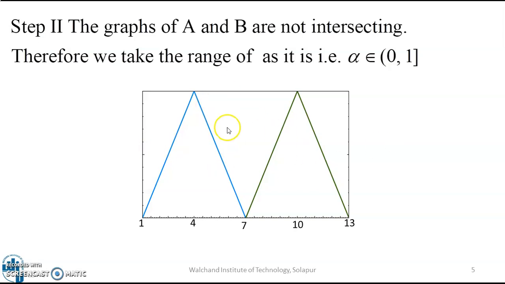Here we can see that the graph is not intersecting above the x-axis. Therefore, we have to take the range of alpha as it is, which is open 0 to closed 1.